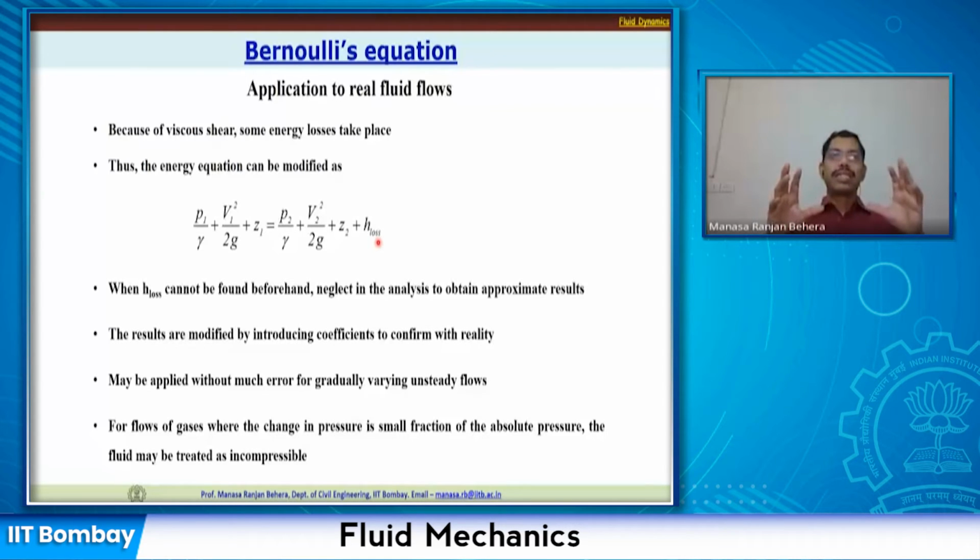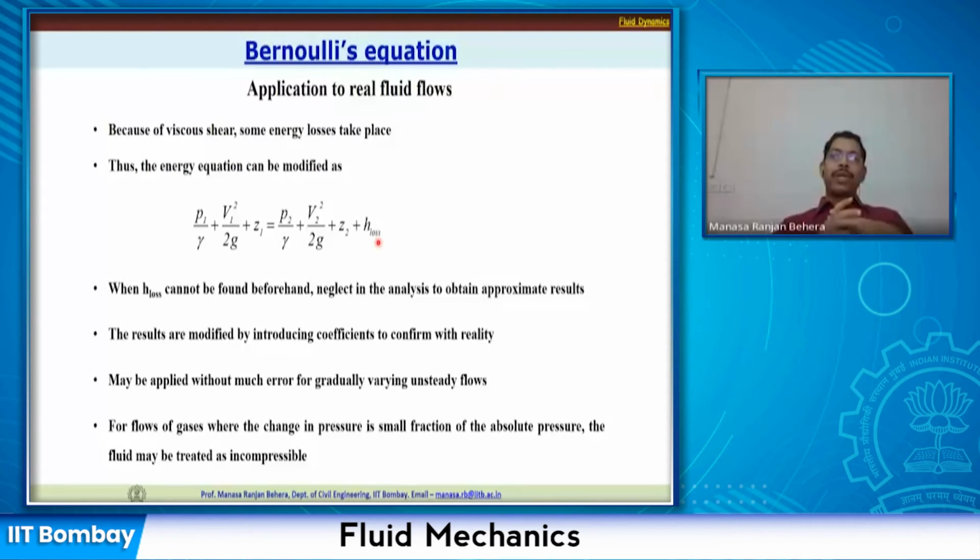But in case the compressibility effect is not really much with respect to the absolute pressure, if the change is not really much, then we can still consider the fluid as incompressible and apply Bernoulli's equation for that flow. So it depends from problem to problem, and you have to understand what is really happening and then apply the theories or the concepts, then only it is going to be correct. Just like that, arbitrarily, you should not be applying.